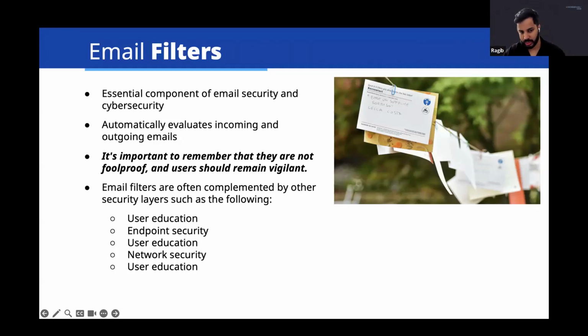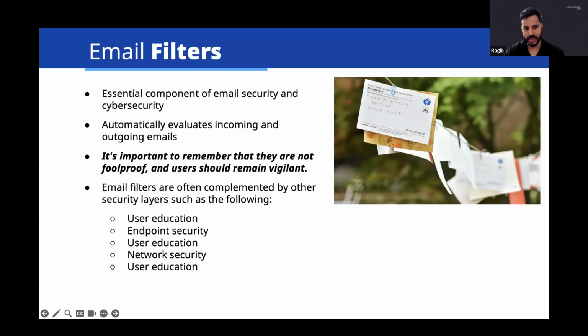But here's the critical point. Email filters are not foolproof, right? We have to make sure that the users, which are us and our employees, stay vigilant, right? Even the best filtering technology can't catch everything, especially as day by day emails are getting more sophisticated, right? And some of them look very legit, right?